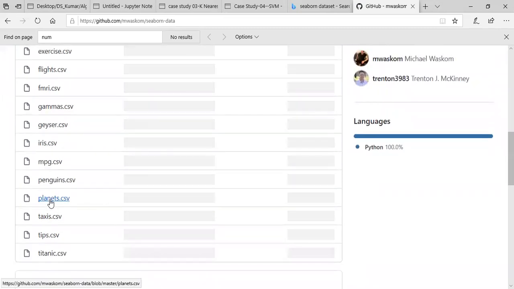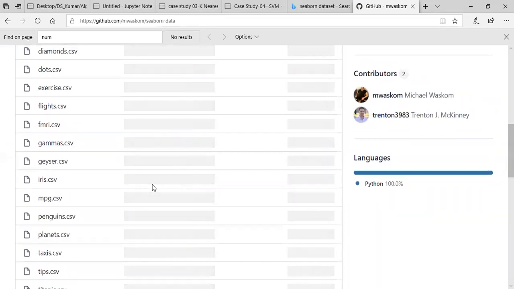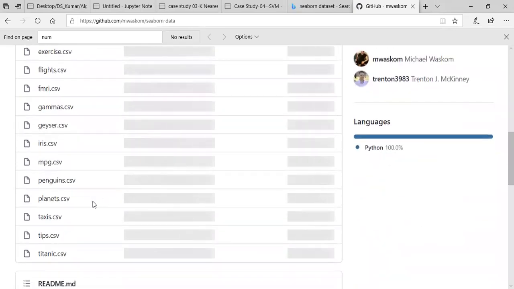Even the planets data we have worked with, friends, if you remember: Mercury, weight, diameter, mass. So we took the planets data from here only.